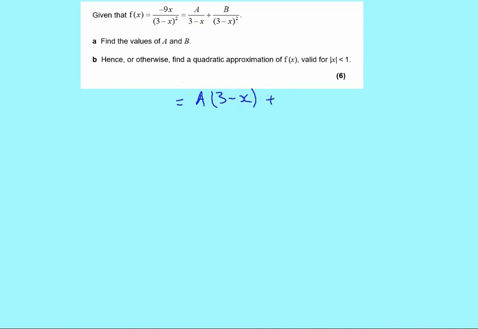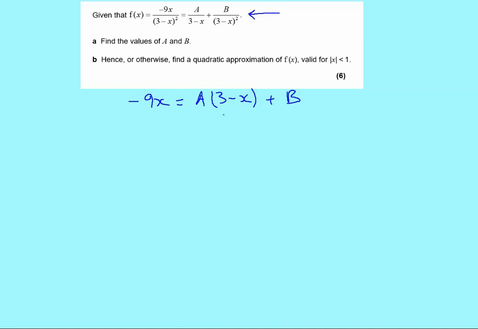The b already has this denominator, so I don't need to change that. And on the left, I have minus 9x. So that is a true statement based on the information we're given up here. If that's a little bit unclear, you need to watch an earlier video on partial fractions.